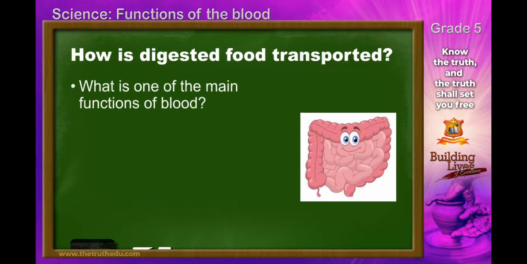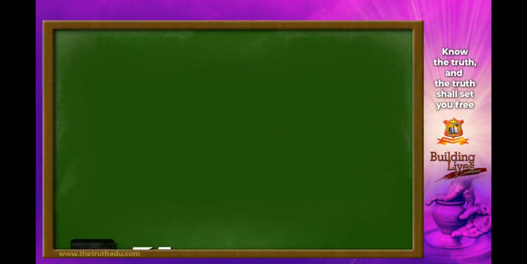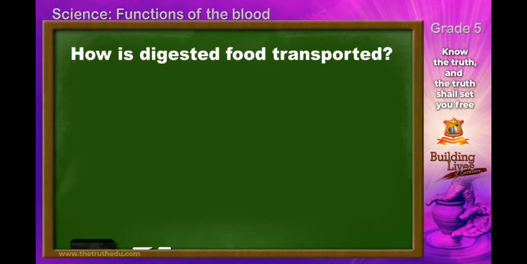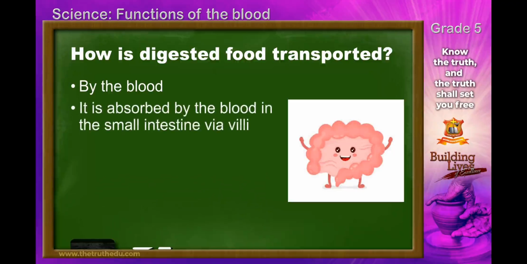To come to this answer, you might need to recall and think, what is one of the main functions of blood, and where does the blood absorb the nutrients? So the digested food is transported by the blood and it is absorbed by the blood in the intestine via villi.